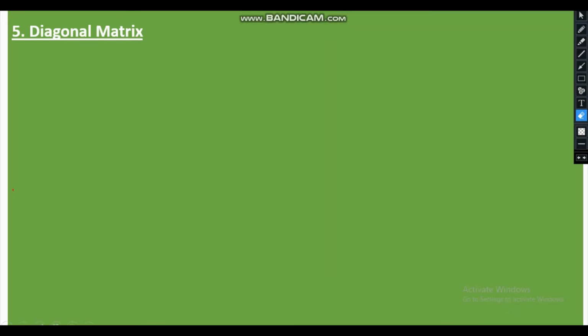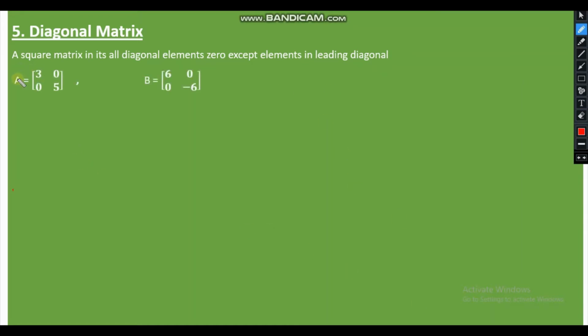Diagonal matrix. A diagonal matrix is a square matrix in which all elements are 0 except the elements in the leading diagonal. Now this is a matrix A and this is a matrix B, which has 2 rows and 2 columns.